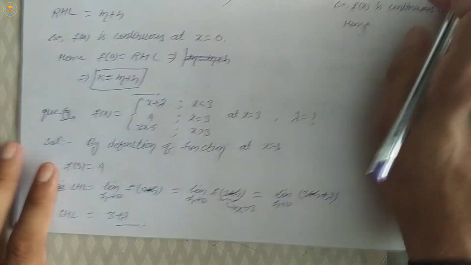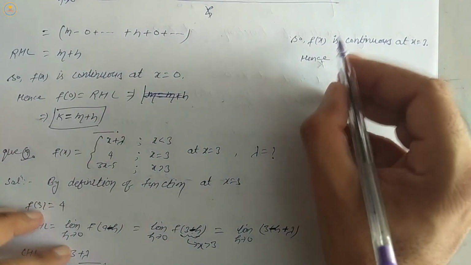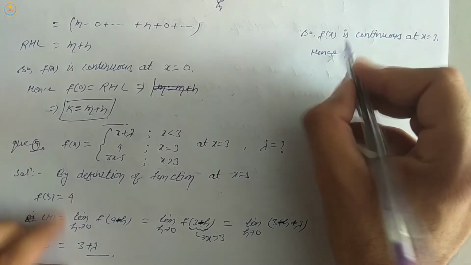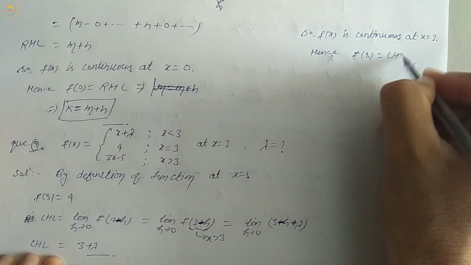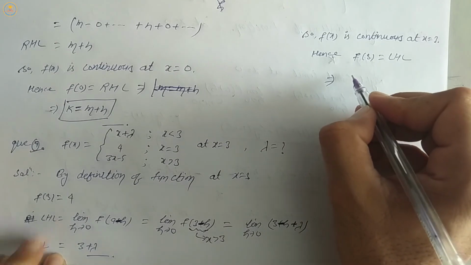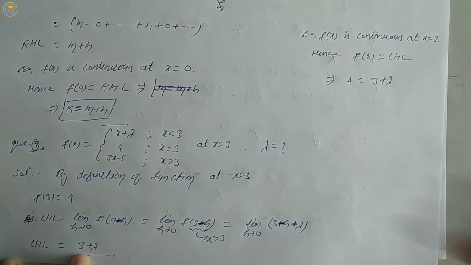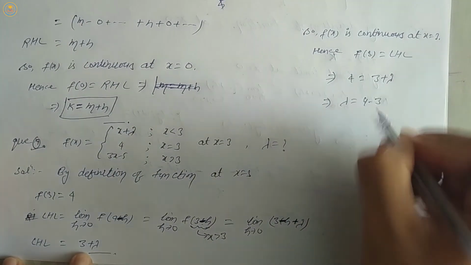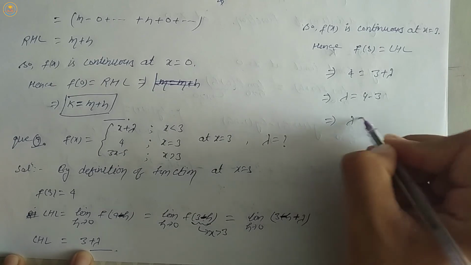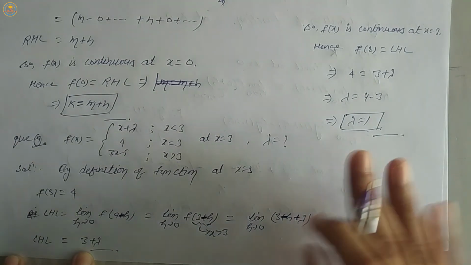Hence f(3) is equal to LHL. This implies f(3) is equal to 4 and LHL is equal to 3 plus lambda. It means lambda is equal to 4 minus 3, which implies lambda is equal to 1. Then the value of lambda is equal to 1.